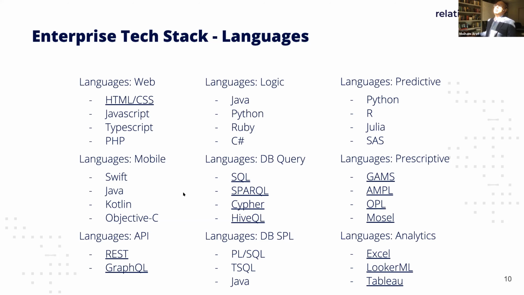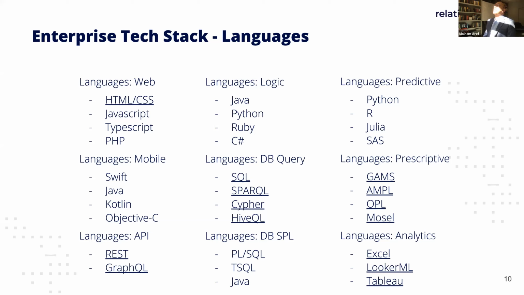If you have a mobile-based user interface, you'll use Swift or Java or Kotlin. If you are integrating between the front end and the back end or other components of the application, you will do it via APIs and interfaces where you might use REST or graphical protocols, languages.